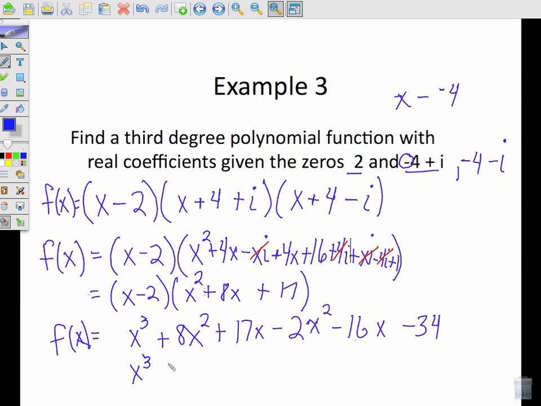So final answer, you got x to the third. I have a total of 6x squared, 17x minus 16x is plus x, and then minus 34. There's your polynomial if you are given the 3 zeros that you have.